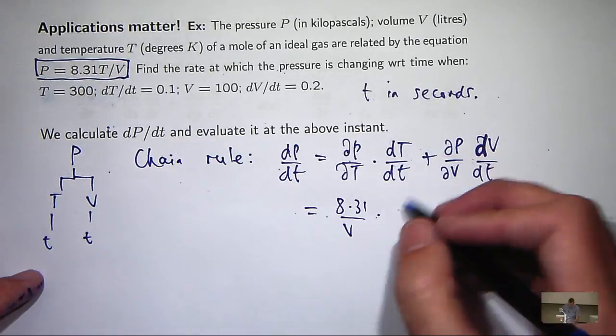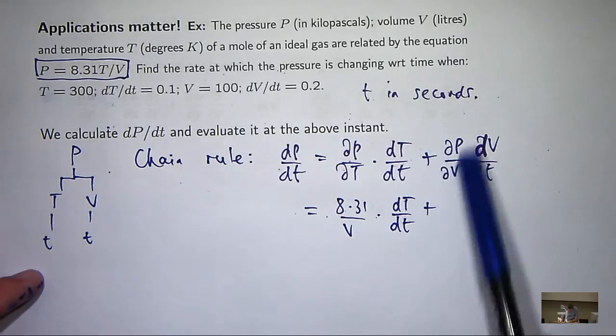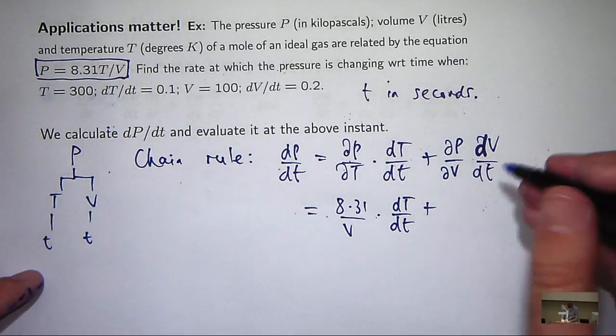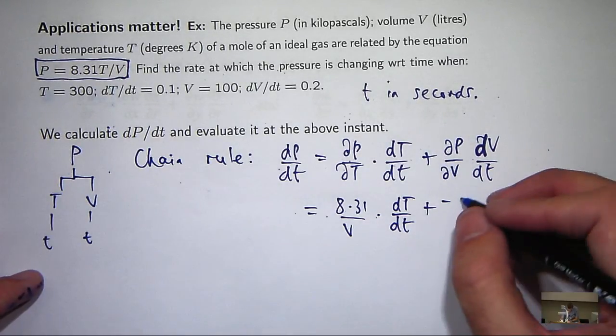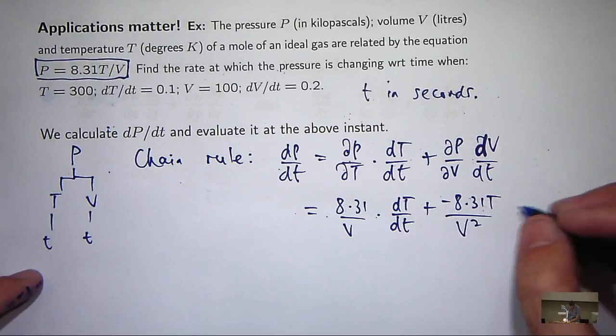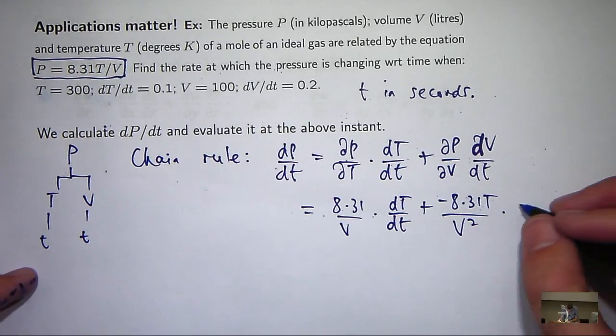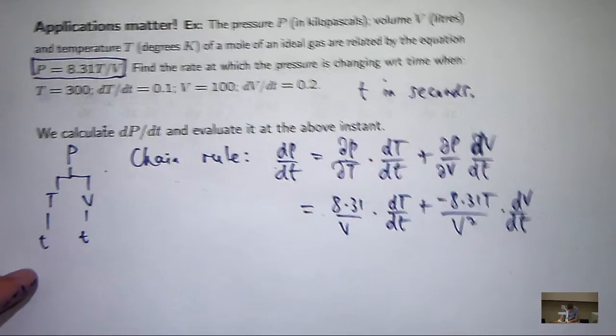This partial will be minus 8.31 big T on V squared. We don't know what this is in general. So that's the general setup.